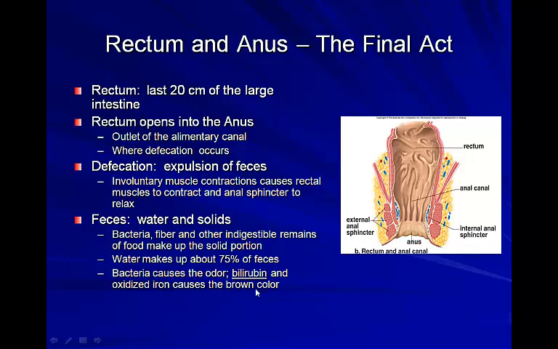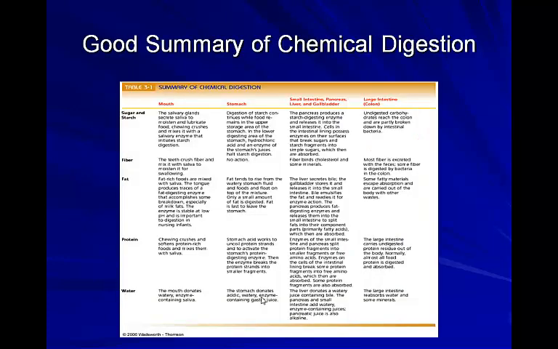And those same colors contribute to both our urine and the brown color of our feces. So that's what feces is made up of: water, some non-digestible solids, fiber, and bacteria. I like this chart because it's a nice summary of what is happening with all of our major molecules going through our system at each stage: the mouth, the stomach, the pancreas, the liver.